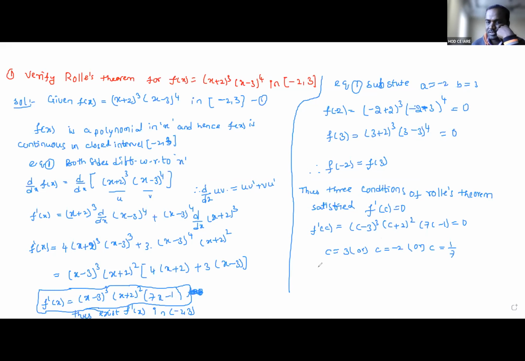Here c is equal to 1/7 belongs to the interval -2, 3, it lies in between, right? So it is verified. Therefore, hence Rolle's theorem is verified.